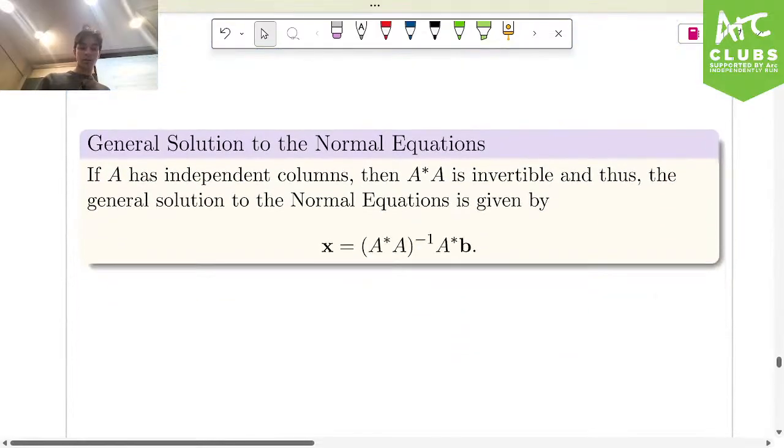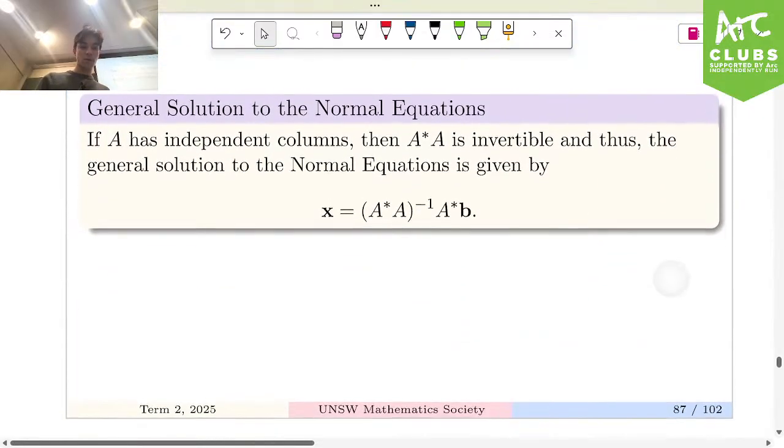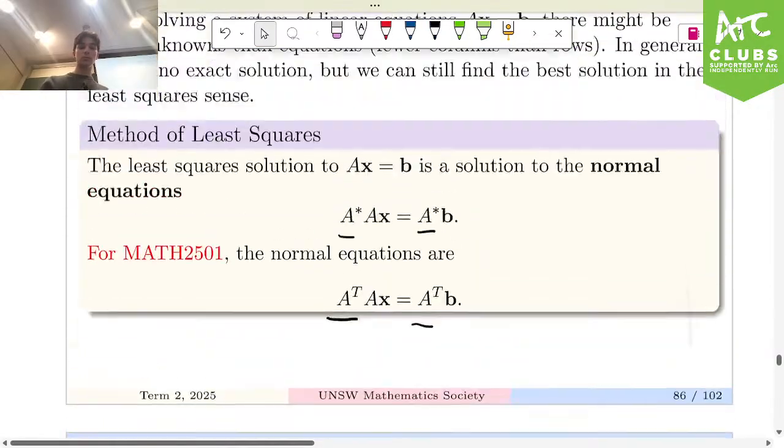And let's give it a go, right? Oh, and of course, if A has independent columns, right, then this matrix A star A is invertible, right?